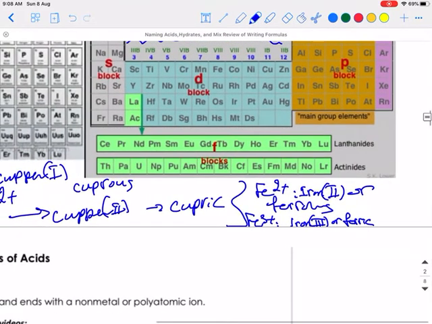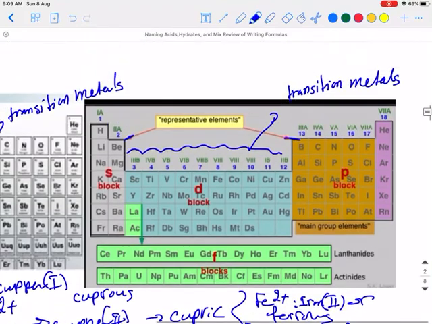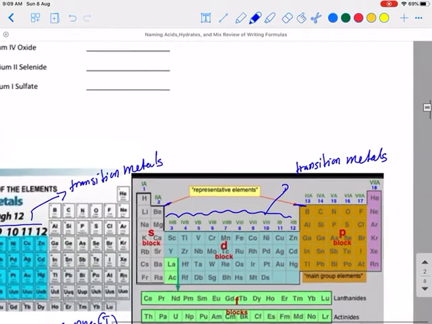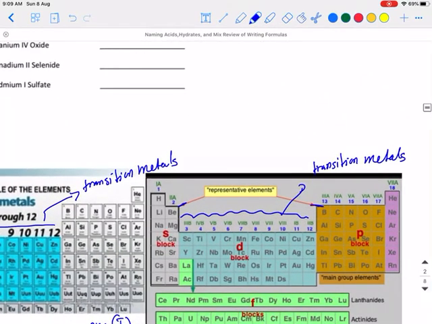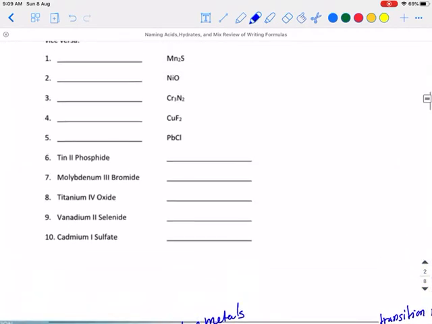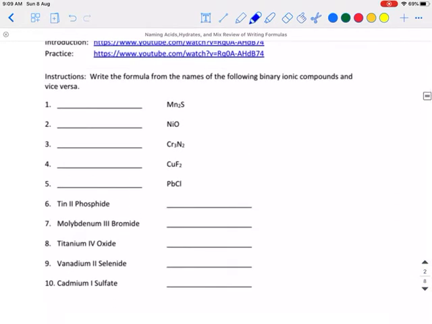So the transition metals can exhibit more than one oxidation number. Also, another property of transition metals is that they can be used as catalysts. Because they can exhibit more than one oxidation number, when we want to write their names, we have to indicate their charge in a Roman numeral.